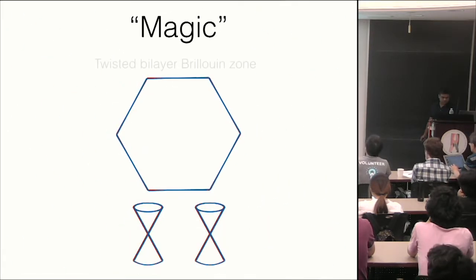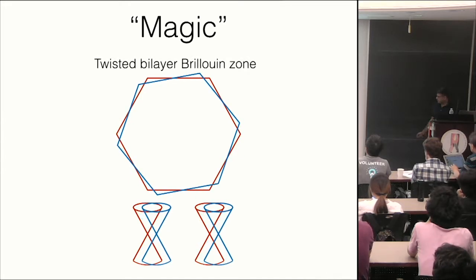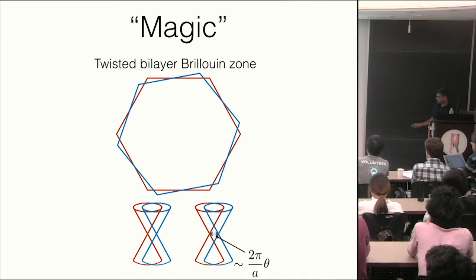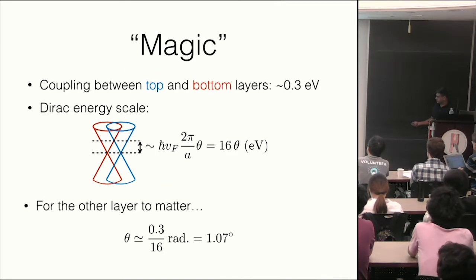Now you do this twist, you have a separation between these Dirac nodes that's proportional to your angle. The larger the angle, the larger the separation. This is the momentum separation, and using the velocity, you can convert that into an energy separation where these bands cross. Just multiply by v_F, and in eV, that is something like this, given the velocity of graphene.